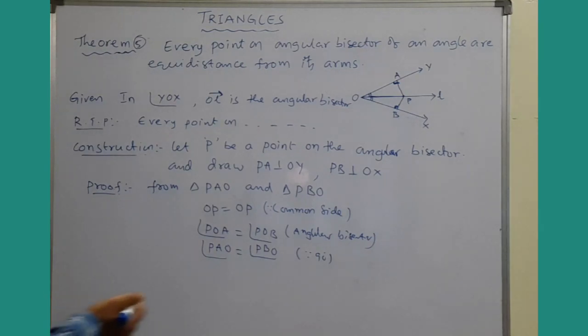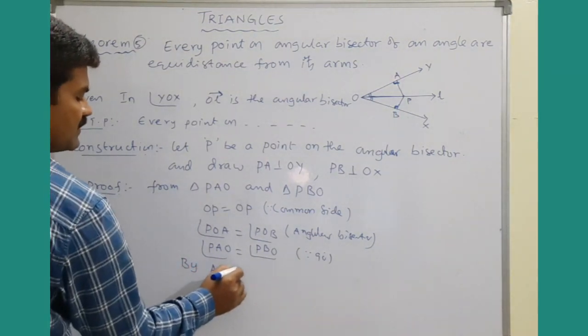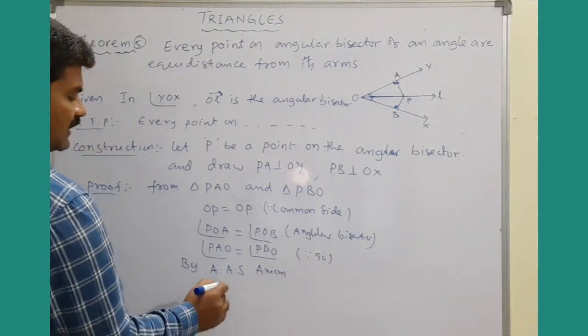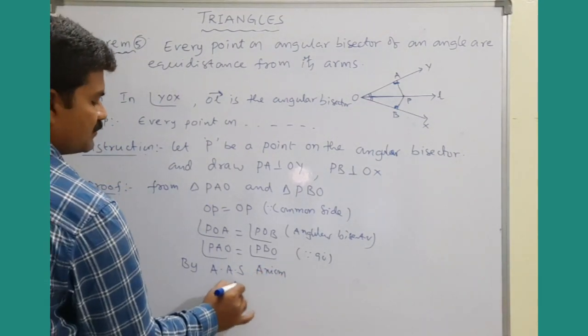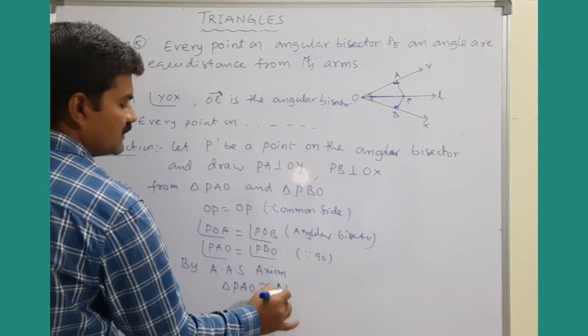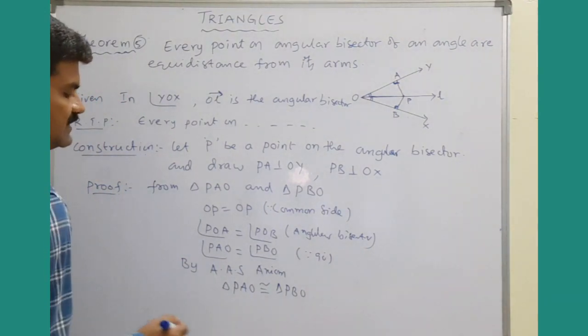So what I can say is that by AAS congruency axiom, triangle PAO is congruent to triangle PBO, isn't it?